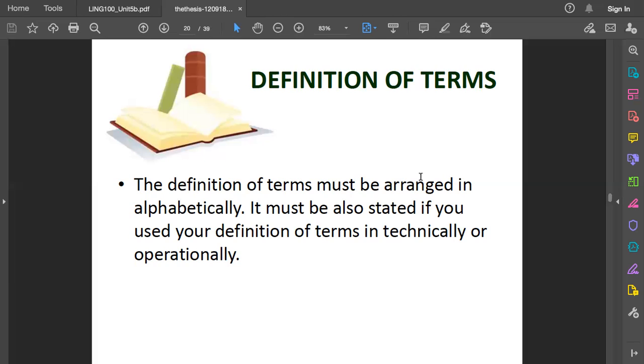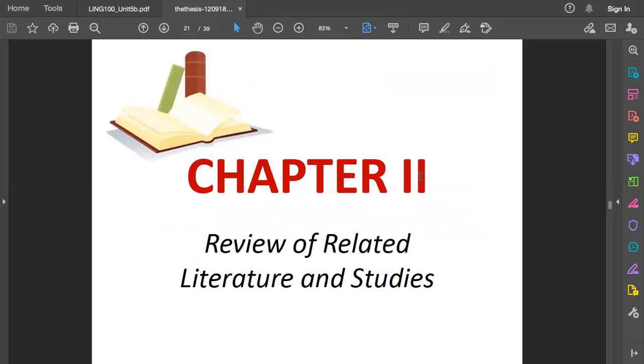Enter and define them according to how they've been used in the paper.